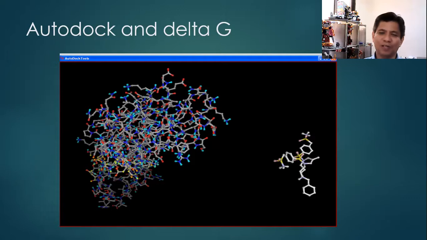So i-drag and drop mo lamang yung structure ng COVID-19. You can download it online, available yan online. Tapos i-drag and drop mo din yung structure ng aspirin. Tapos ang ibabalik niya is the delta G. So yung delta G, I think it's the higher the better.